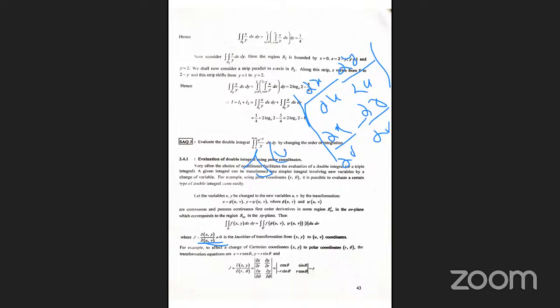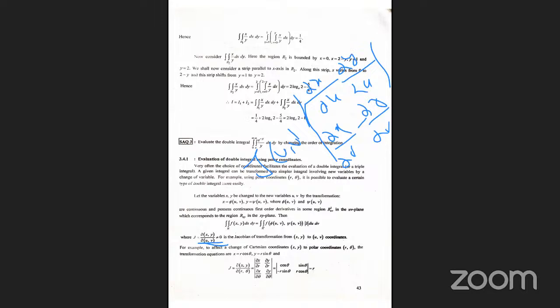What is J? It is dou x by dou u, dou y by dou u, dou x by dou v, dou y by dou v. This is the value of J of u comma v.